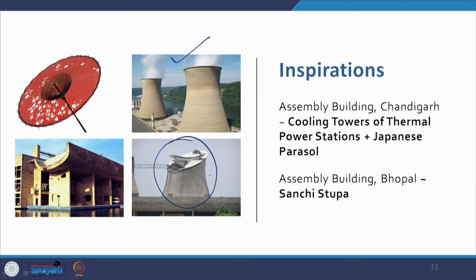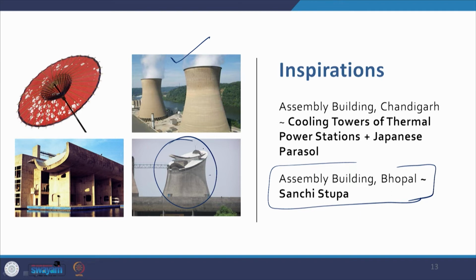And we will see later, I mention it here but will talk about it later, that just as the assembly building of Bhopal by Charles Correa is a response to the Sanchi Stupa, and I am particularly referring here to the dome over the assembly building of Bhopal.